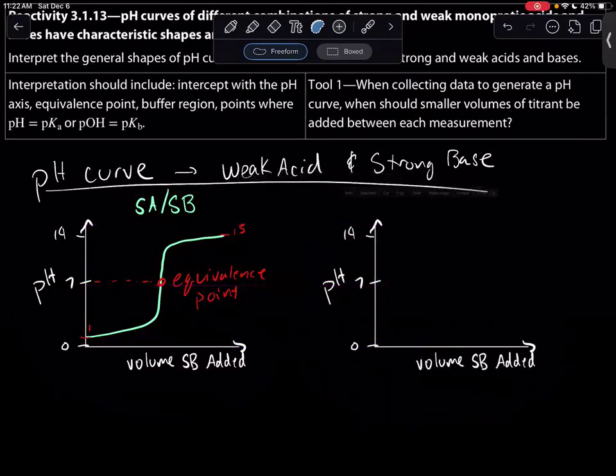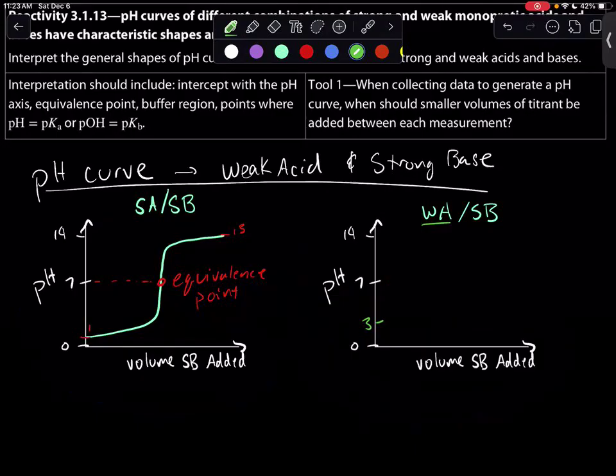So when we look at now something like our weak acid, and we are titrating in our strong base, well, we're actually going to start with a higher pH because our weak acid's starting pH will usually be somewhere a little more towards neutral, like let's say, for example, maybe around 3.